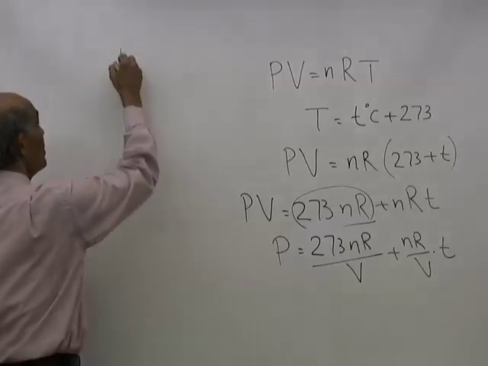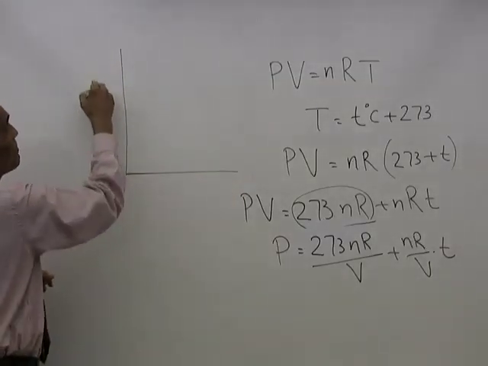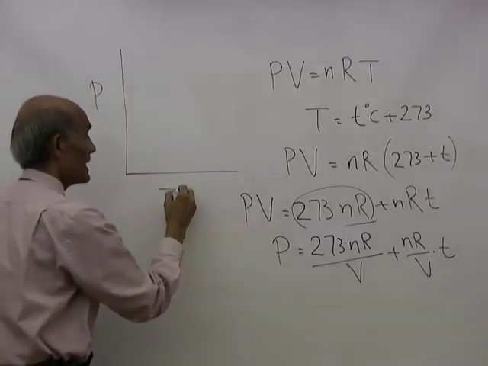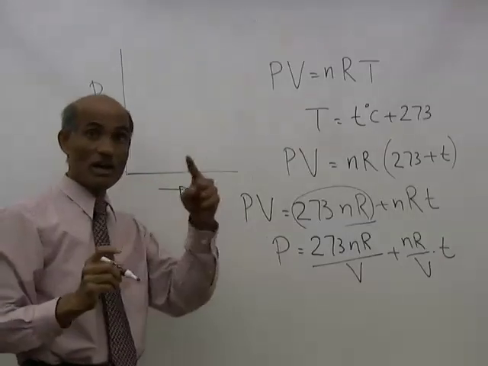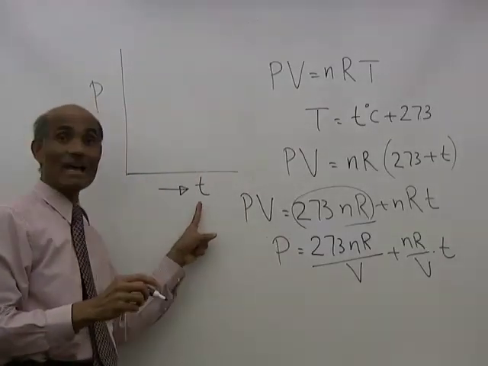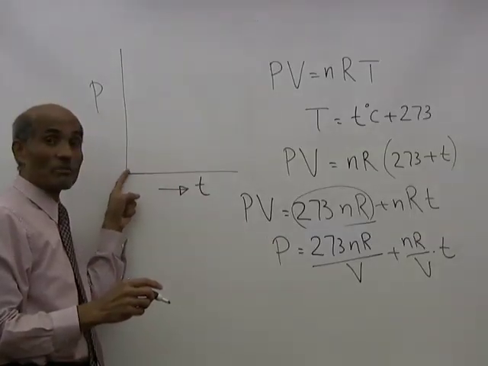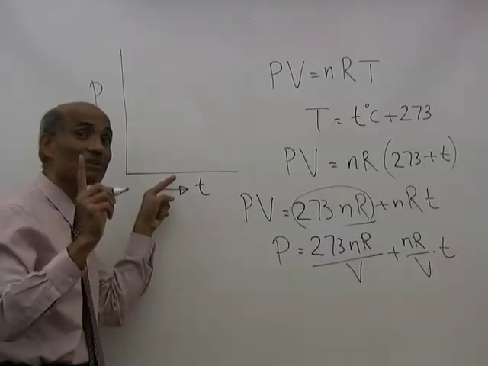So, if you now draw a graph of P in Pascal, absolute values, against the temperature in degrees Celsius. Remember our first graph, we used the temperature in Kelvin, and that graph passed through the origin because pressure is directly proportional to the Kelvin temperature.